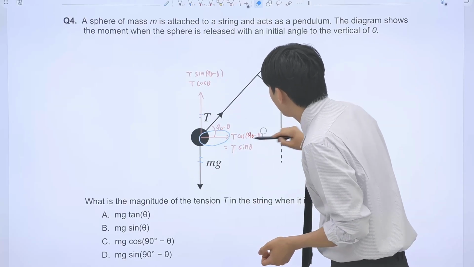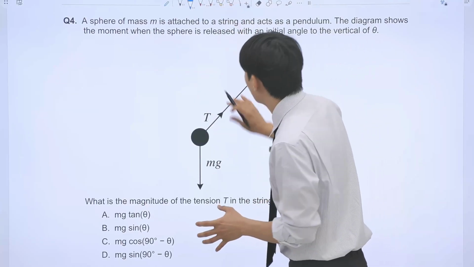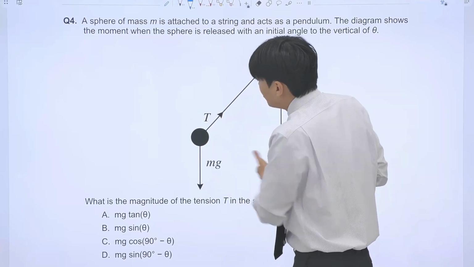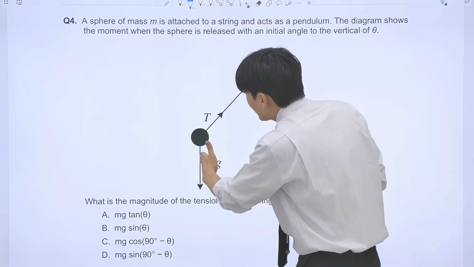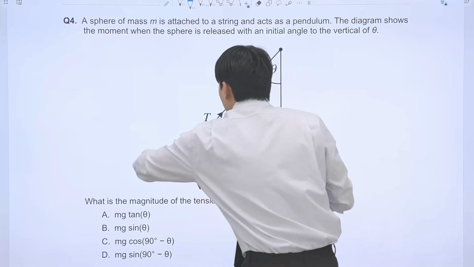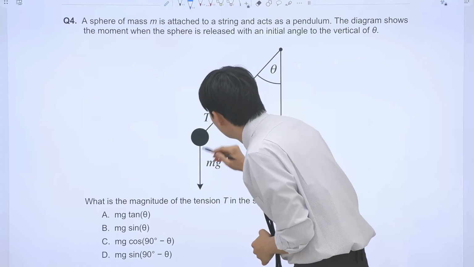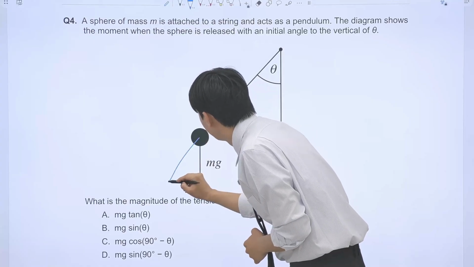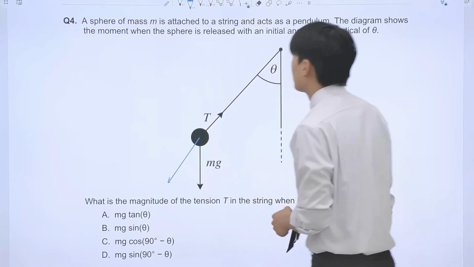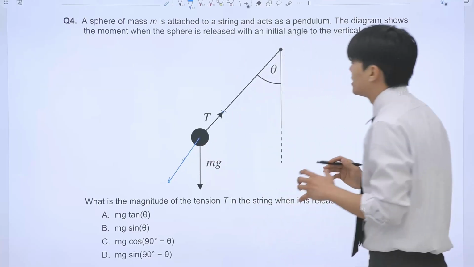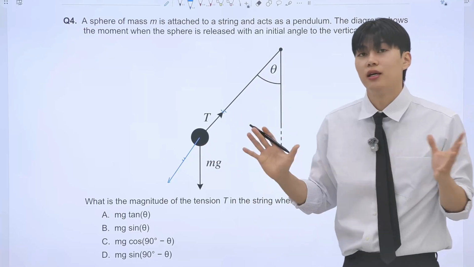So the other way is this. Instead of resolving the tension T, we resolve the weight mg, along the line of the tension T. If that force is equal to tension T, then there is no resultant force, which means no speed.